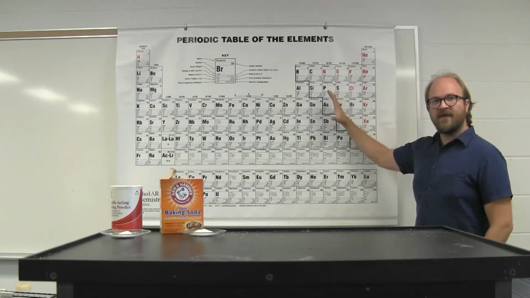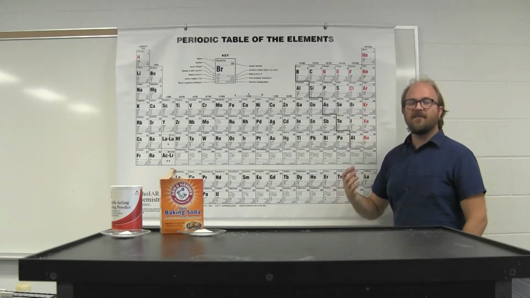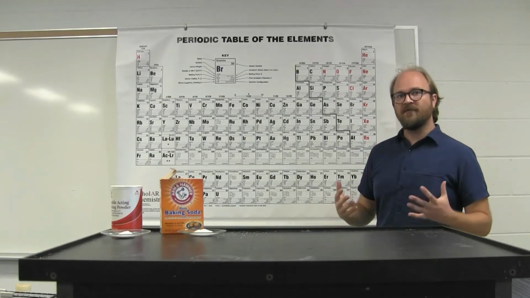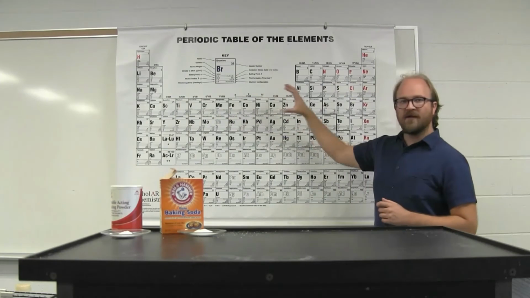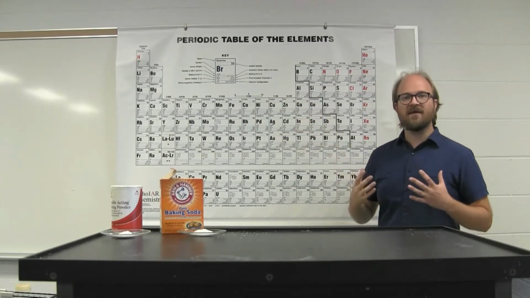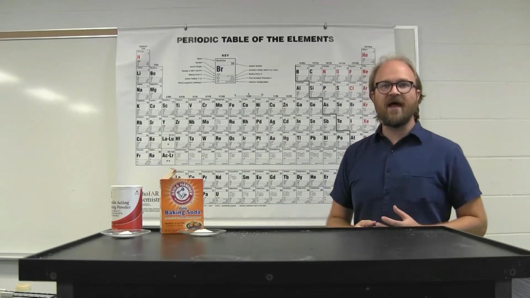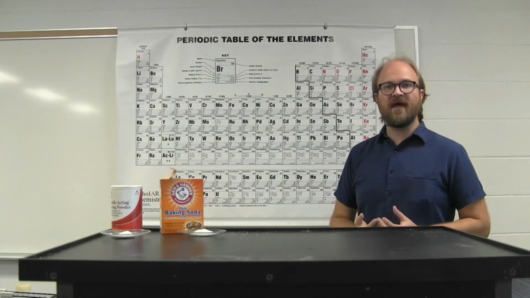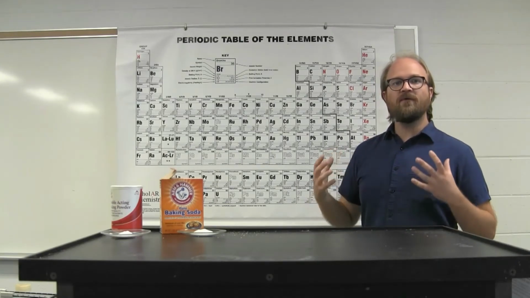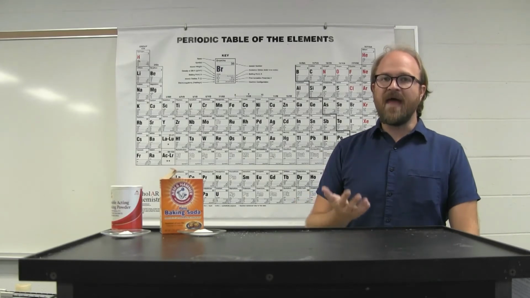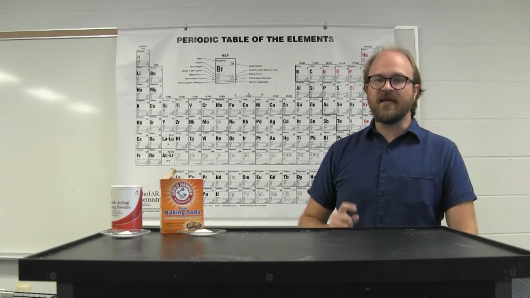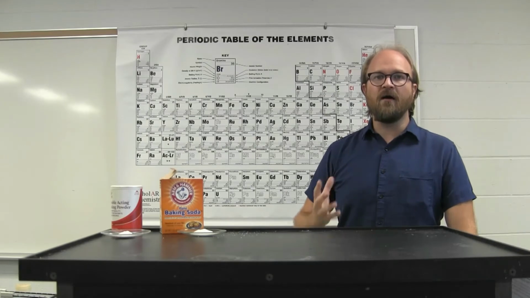Using the periodic table, you can define the molecular weight of a compound by adding up the individual atomic weights or atomic masses of all of the elements contained within that molecule. When you add all of these together, this is the amount of mass that is needed to contain 1 mole of the molecule.